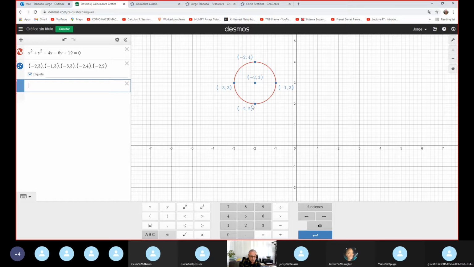In standard form was (x plus 2) squared plus (y minus 3) squared equal 1, because the radius in this case is 1. Bam!